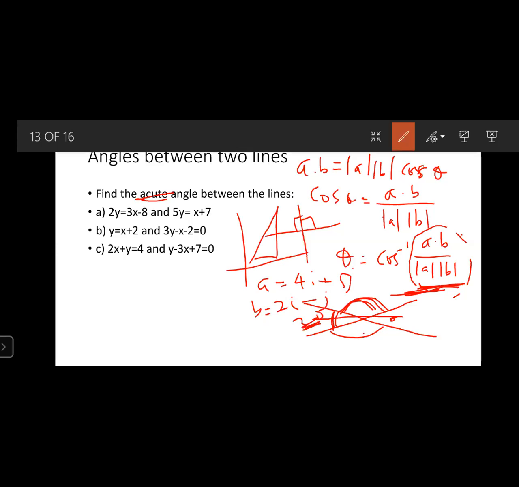Remember, about 3 weeks ago when we started this, I explained that our usual gradient is dy/dx, which is the same thing when you relate it to tan theta. Tan is opposite over adjacent, which is changing y over changing x. That's why we say tan theta is the same thing as the gradient.